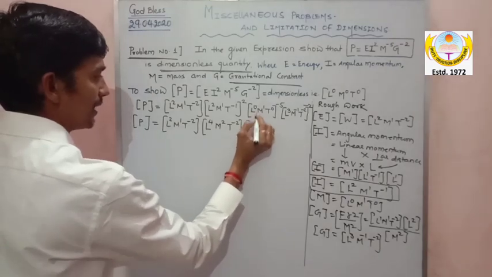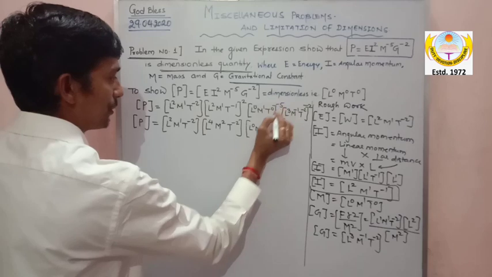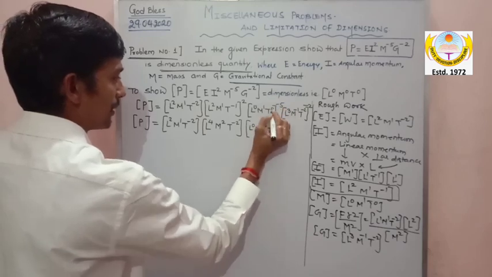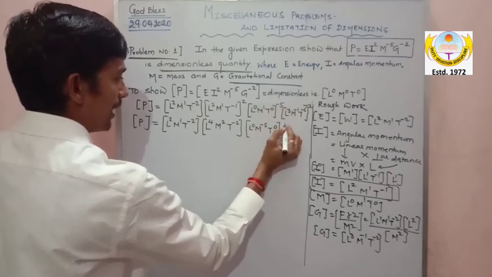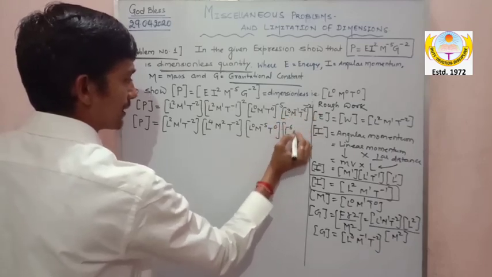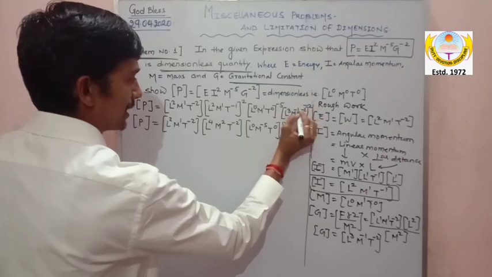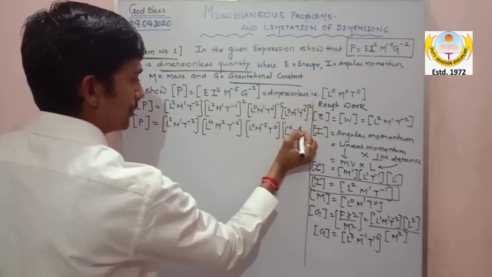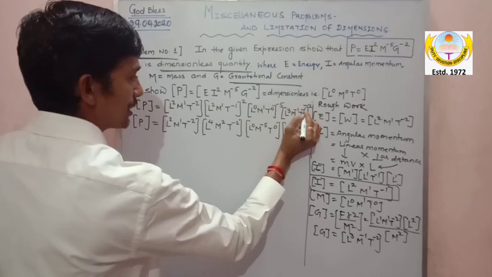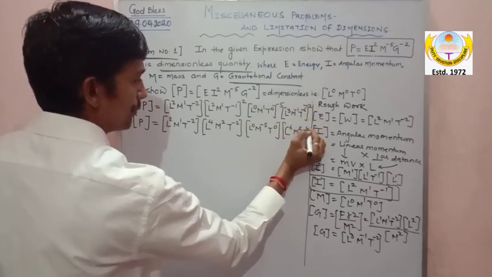Now next is here L power 0, m power 1 into minus 5, 1 into minus 5 will be minus 5. T power 0 into minus 5 is 0. And here it will be L power 3 into minus 2 will be minus 6. M power minus 1 into minus 2, minus and minus become plus, 1 into 2 will be 2. And t power minus 2 into minus 2, my dear, minus minus again plus, and 2 twos are 4.